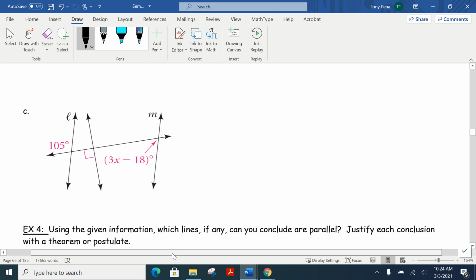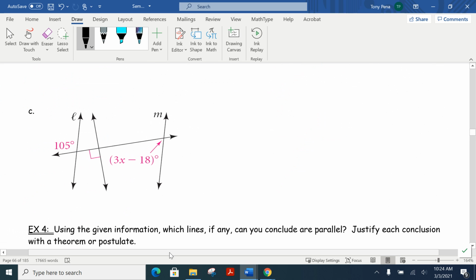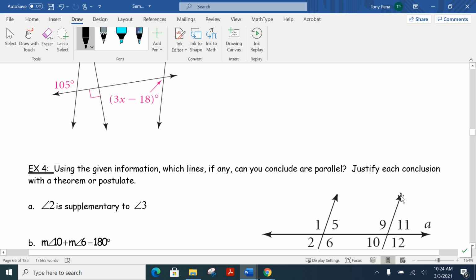All right, so now this one. See what you think here. There's a lot going on here. Similar to that little exit quiz that I gave you on Friday. When there's a lot going on, it's easy to get lost in this. So kind of look at what's marked and try to identify what kind of angles you're given and then see what you think.